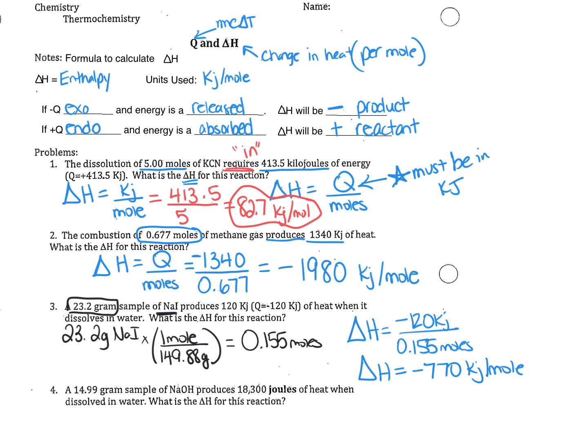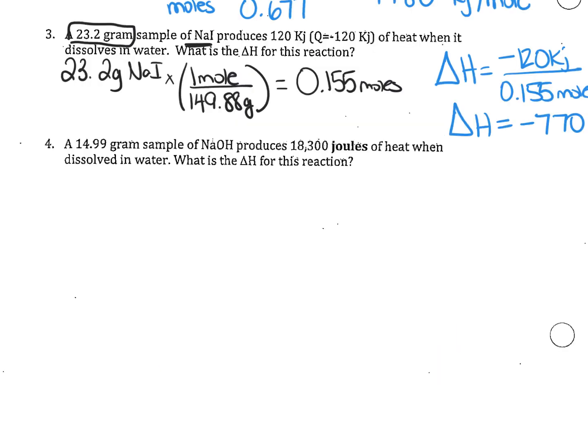Do be careful because we do need to be in kilojoules, and this is in joules, and we need to be in moles, and this is in grams. So first thing I'm going to do is convert my 14.99 grams of sodium hydroxide.